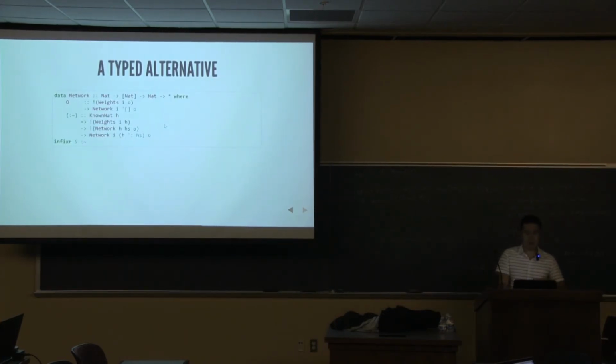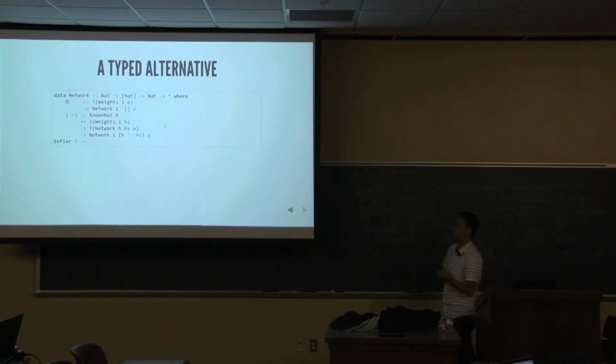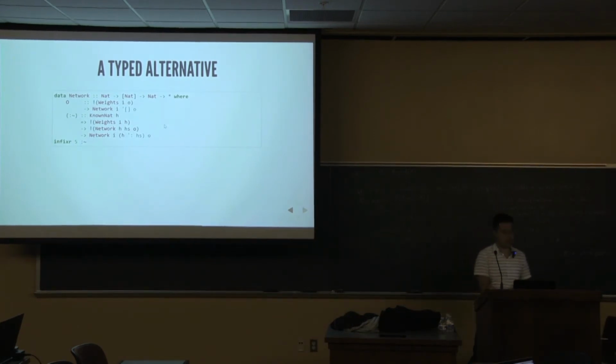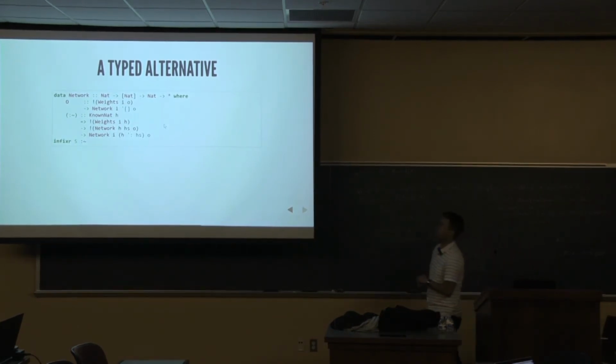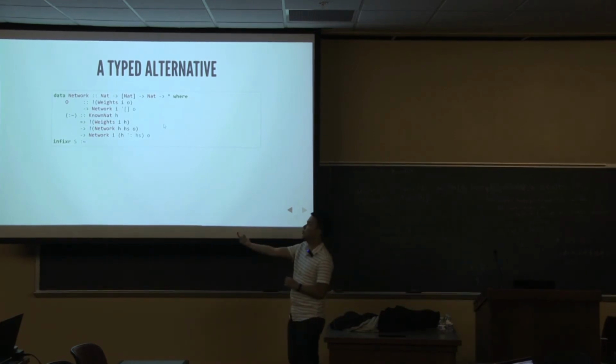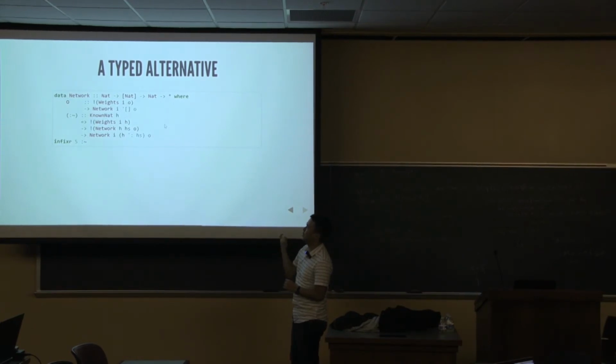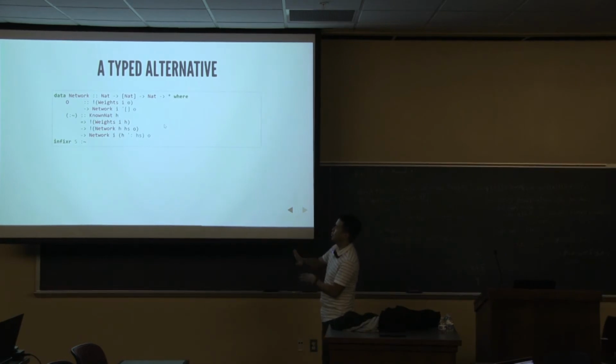So now we can write a type-level Network. So network is now a type that takes an input size, a list of hidden layer sizes in its type, and an output size, and returns a type. Same constructors, looks a lot the same, pretty much identical, except now we have type annotations everywhere.